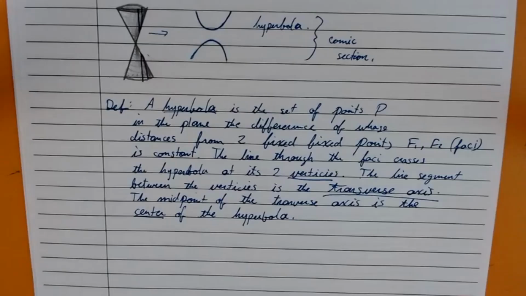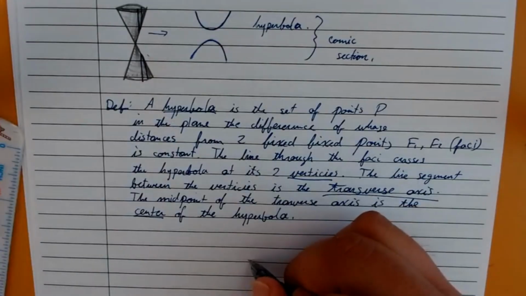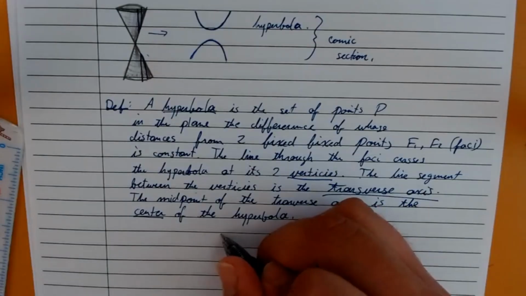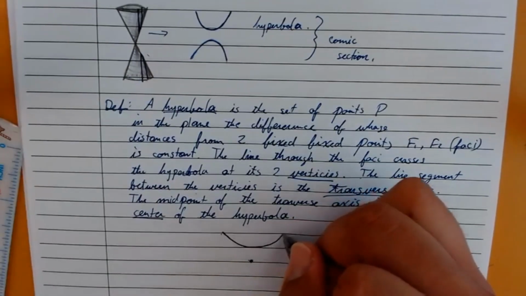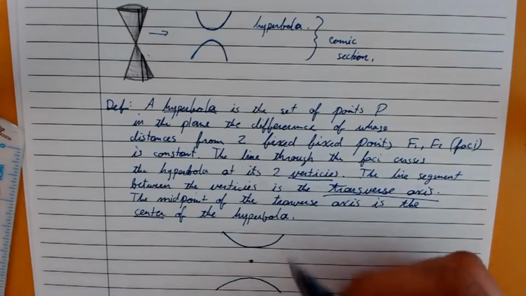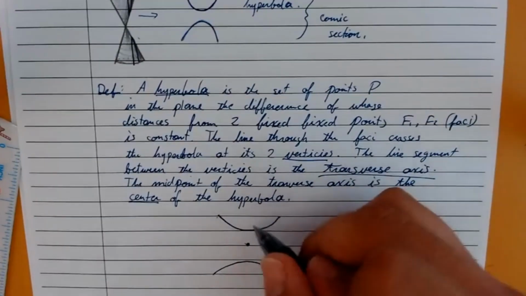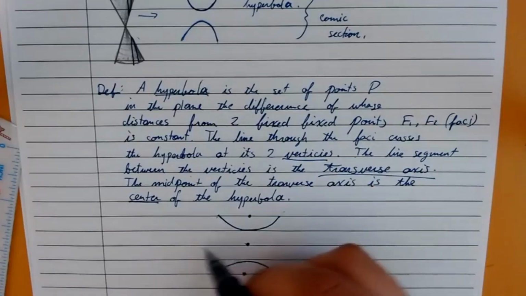And as they say, a picture is worth 1,000 words. So let's go and take a look at that. Let's say we have a hyperbola. So the two foci will be sort of inside the cups right here.